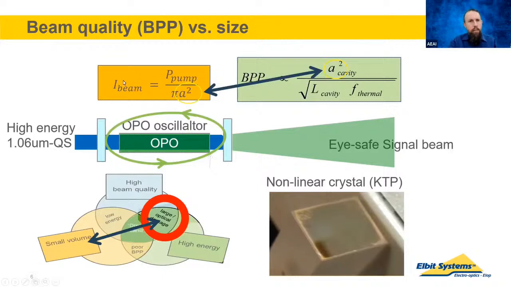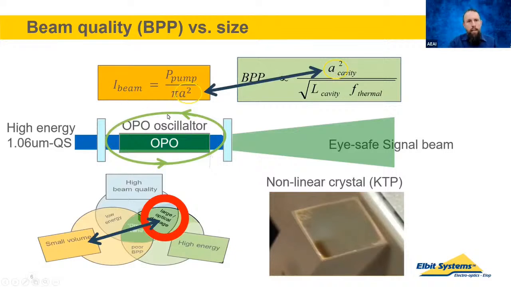But the problem is that if we need to have high energy, this means that the intensity, which is the quotient between the pump energy and the area of the aperture, or the area of the pump beam, we see that in order to get a good beam product parameter, we need to have high intensity.